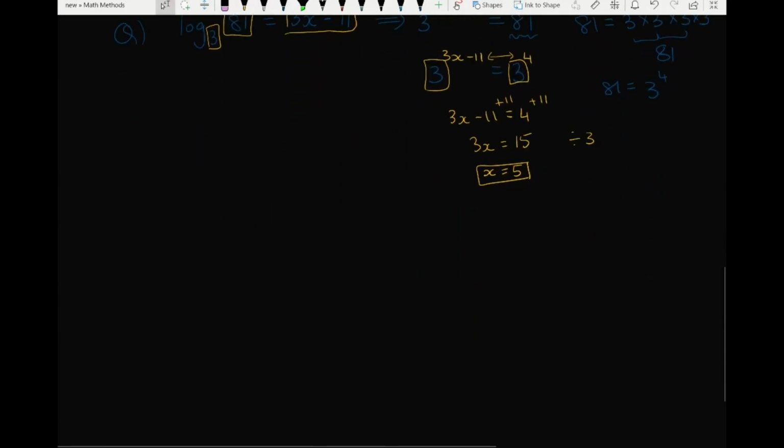So, just to recap, whenever you have a raised to x equaling y, we can rewrite that as log of y, base a, equals x. So when you write it in this form, the power becomes our answer.